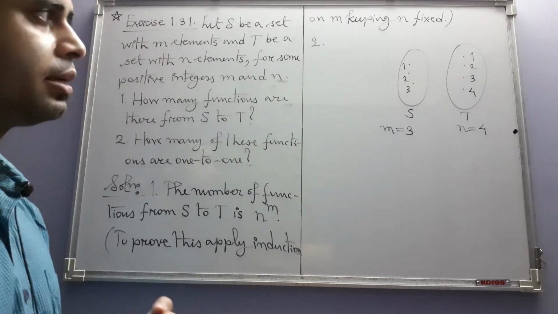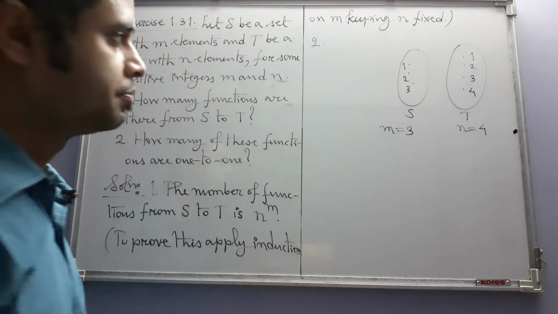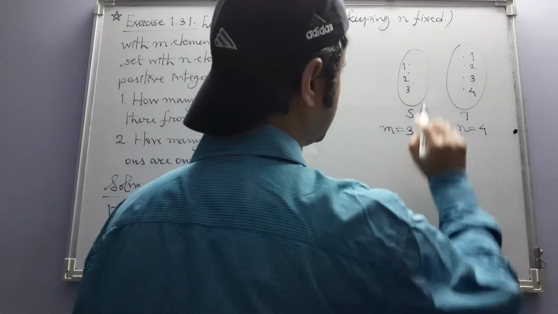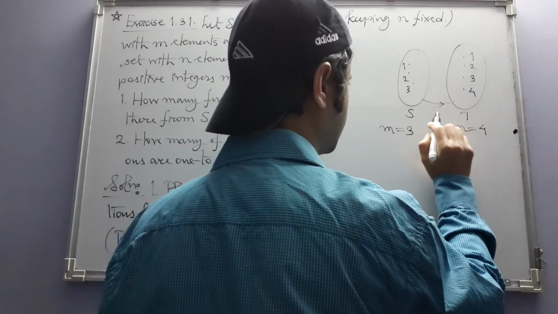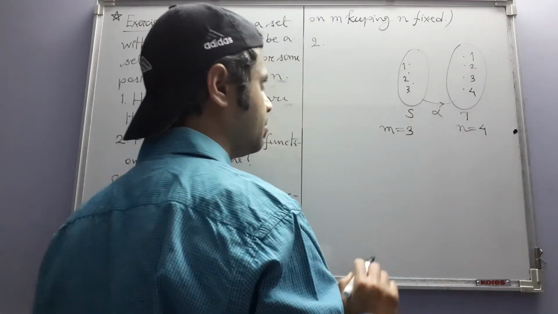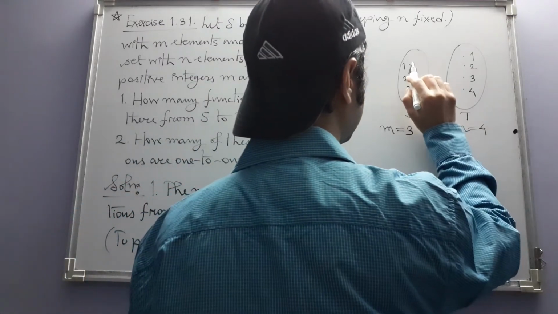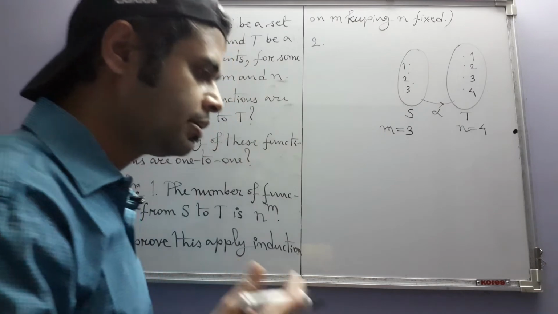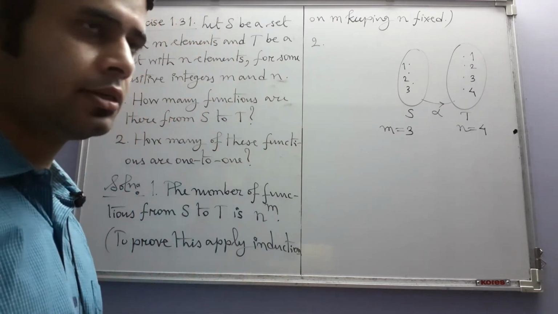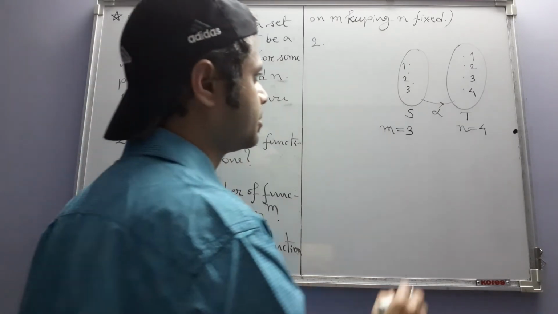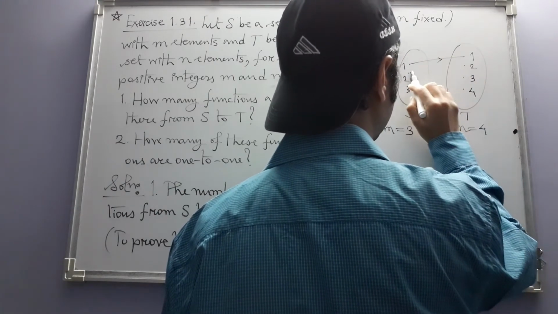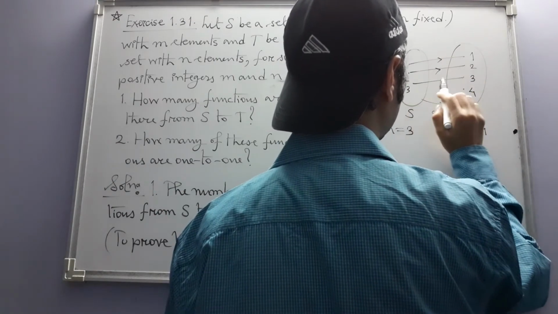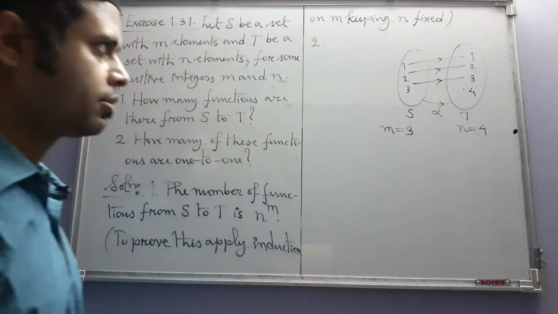Now what does one-to-oneness give us? Say you have some one-to-one function alpha. It will map distinct elements onto distinct elements. For example, you can consider this map, which maps 1 onto 1, 2 onto 2 and 3 onto 3.